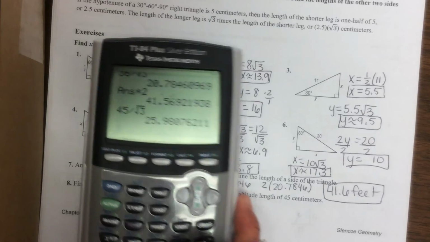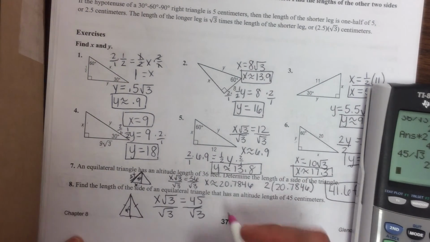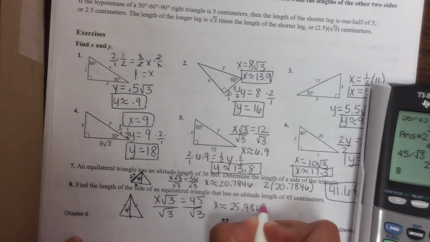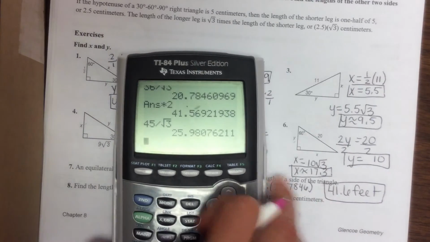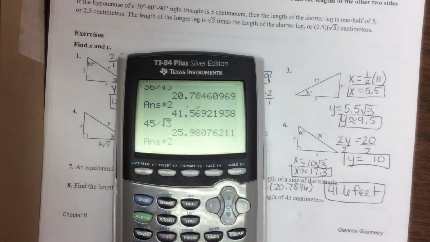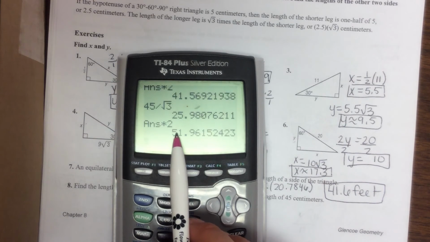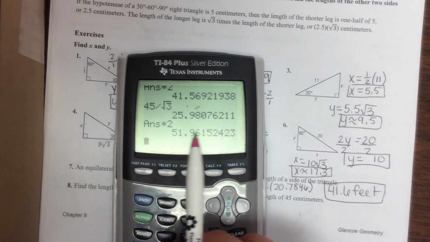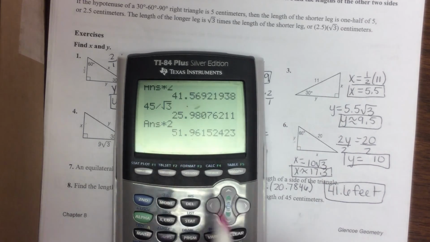So that gives us x. But we want to find the side, so we take that and multiply it times 2 to give us approximately 52. Since this is a 9, we'll go ahead and round up to 52 centimeters.